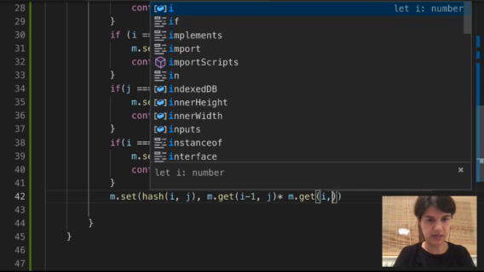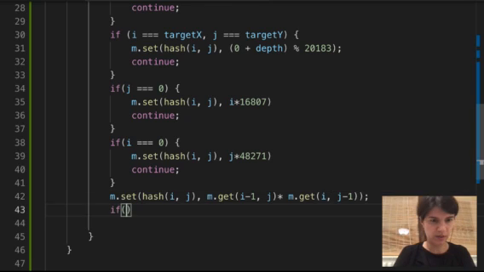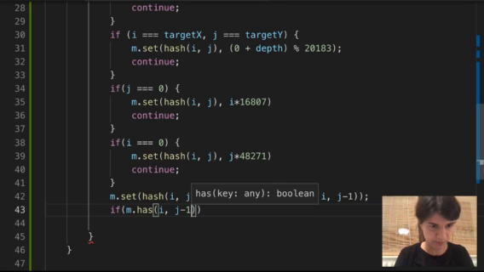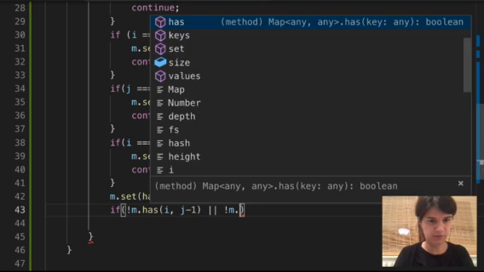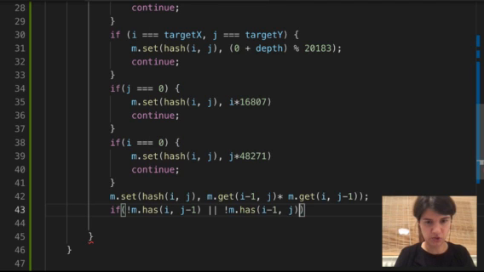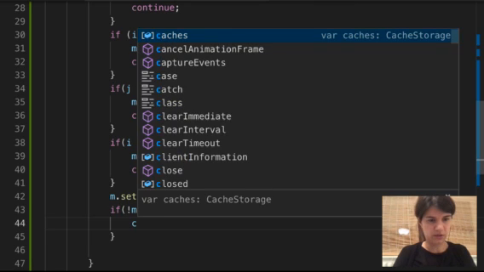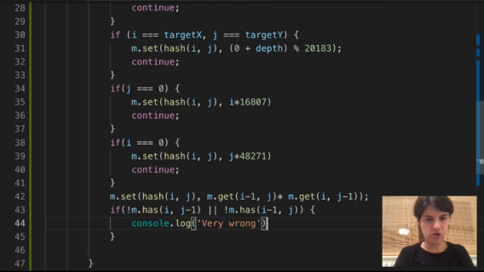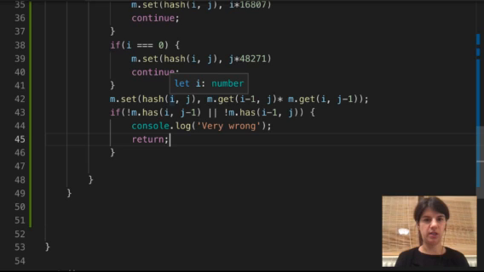If we don't have m.has i comma j minus 1, or if we don't have has i minus 1 j, console log very wrong. All right, so we're setting ij to the product of what we already have as the erosion number for i minus 1 j times ij minus 1. Okay, we did this for the whole map.